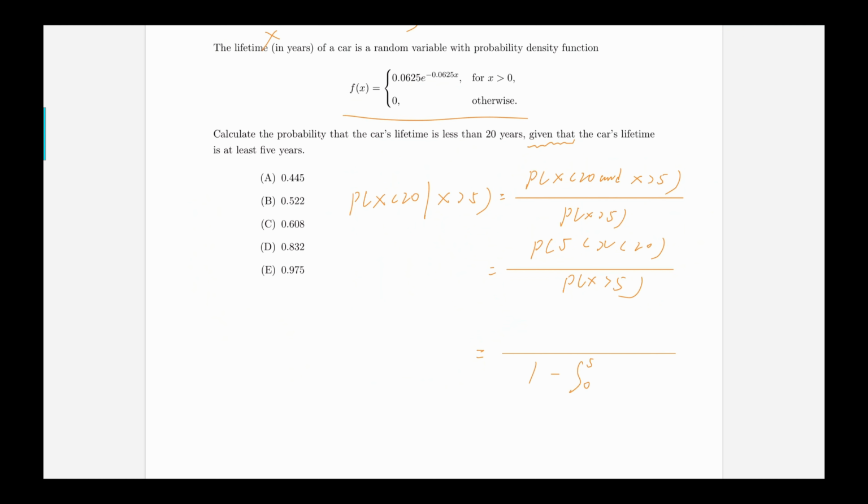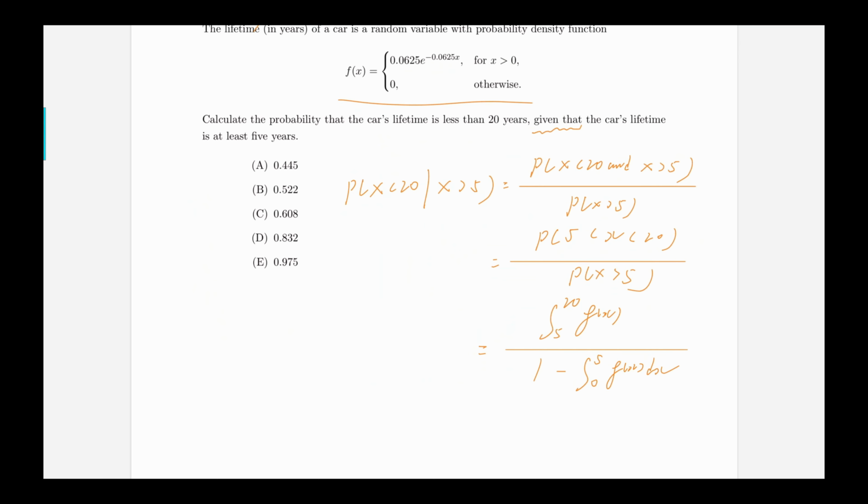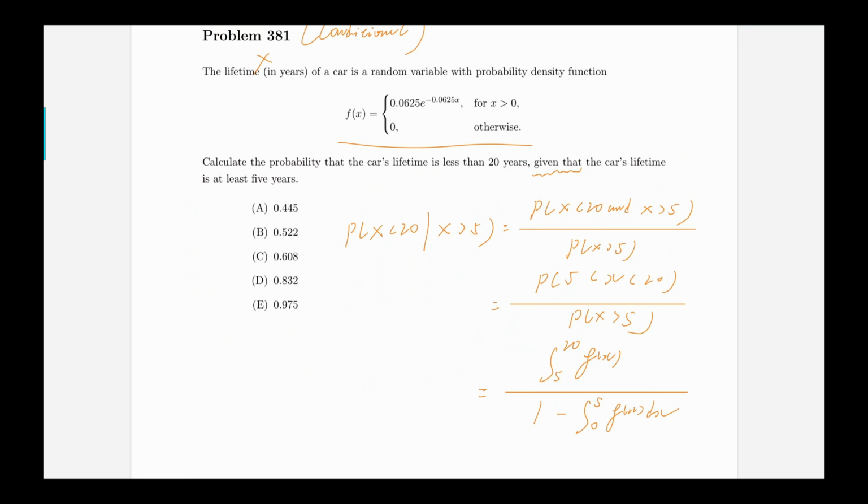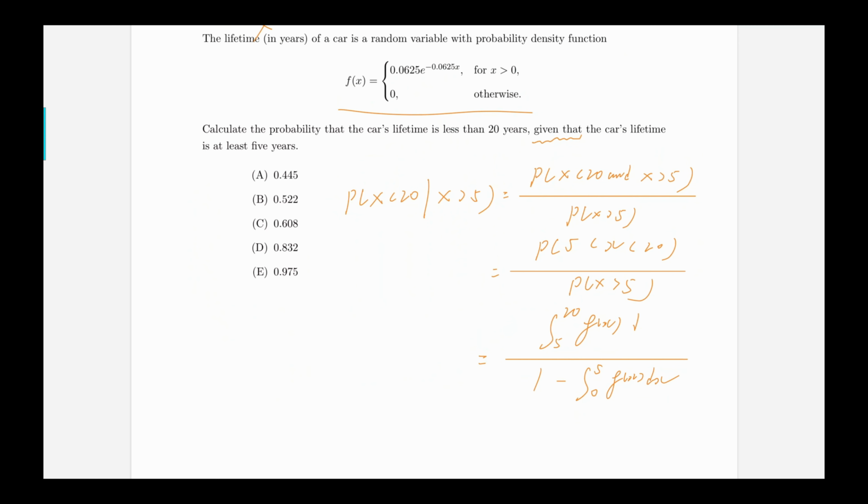So from 0 to 5, f(x) dx, and for the rest, it's just from 5 to 20, f(x) dx.